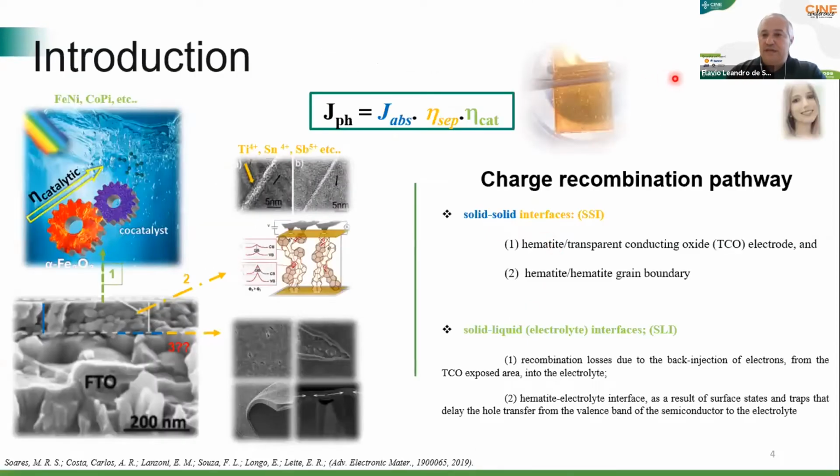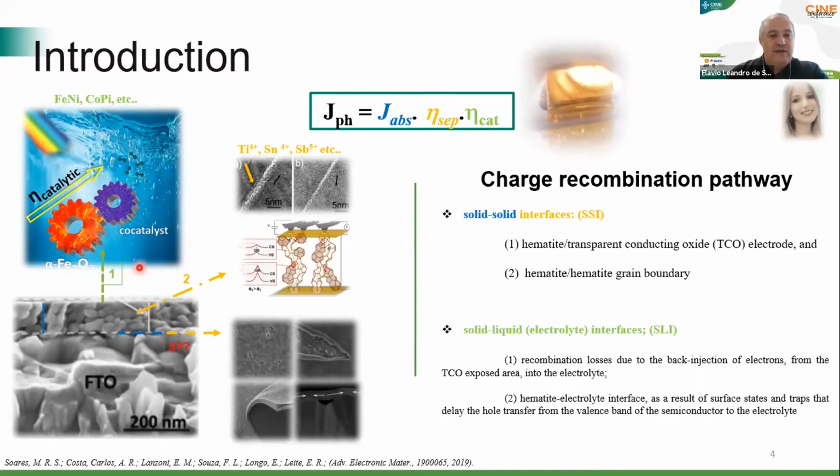Just a quick introduction for you to understand. We have been working on designing photoanodes for photoelectrochemical cells. I think my colleague Claudia already gave you a big overview about how the photoelectrochemical cell works. But the main target we are focused on is to understand how to manipulate or control the interface that we have during the film design.